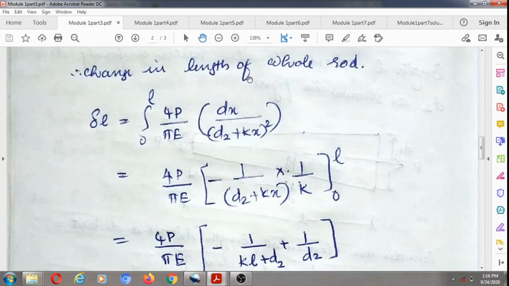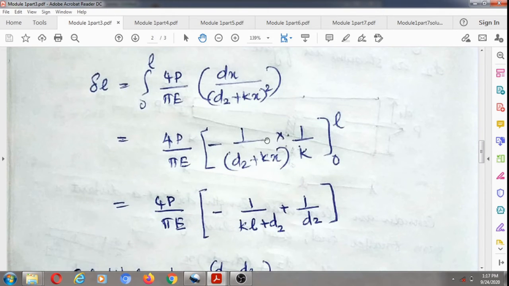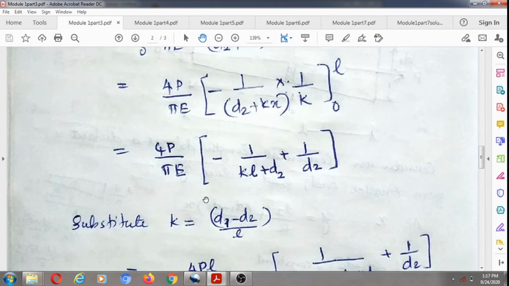After integrating, the 1 by x square term gives minus 1 by x, therefore minus 1 by k (d2 plus kx), where k is a constant, from 0 to L. Apply the limits: the upper limit is kL plus d2, and the lower limit is 0. You will get 4P by pi E into minus 1 by (kL plus d2) plus 1 by d2.